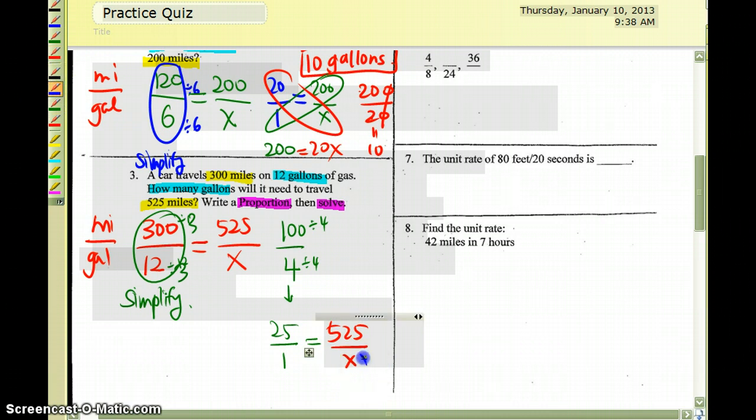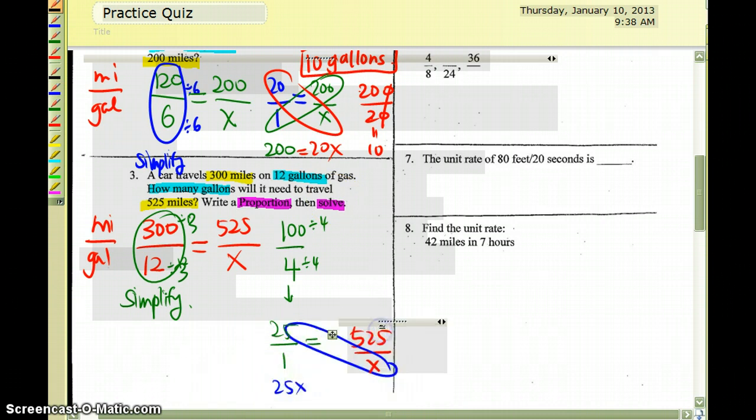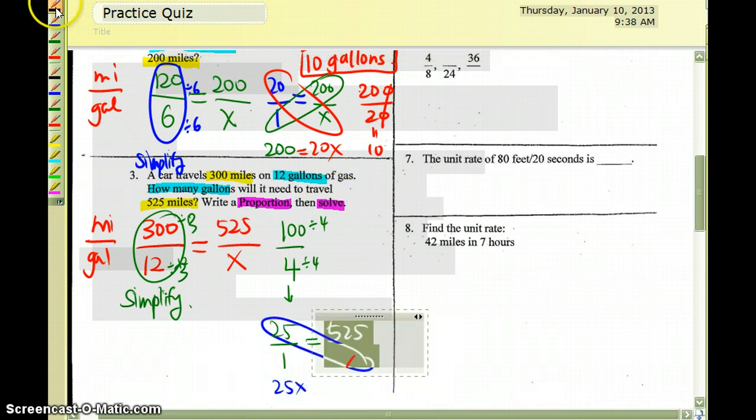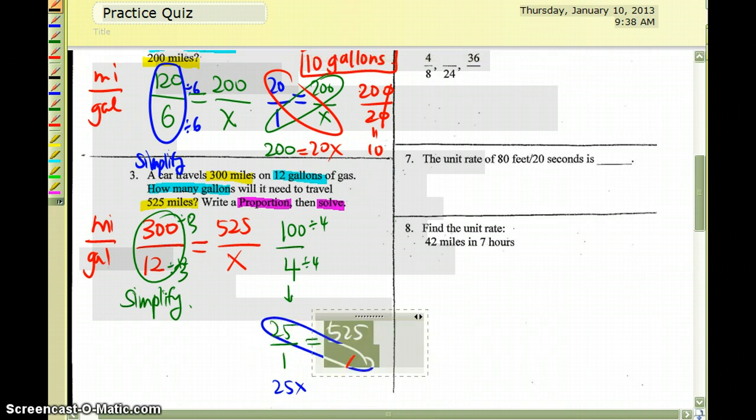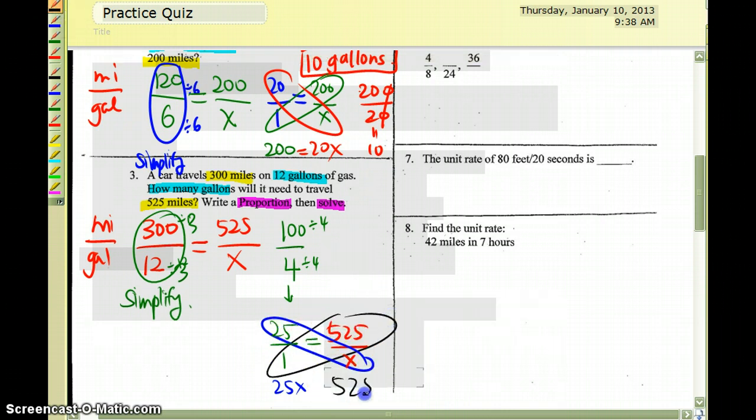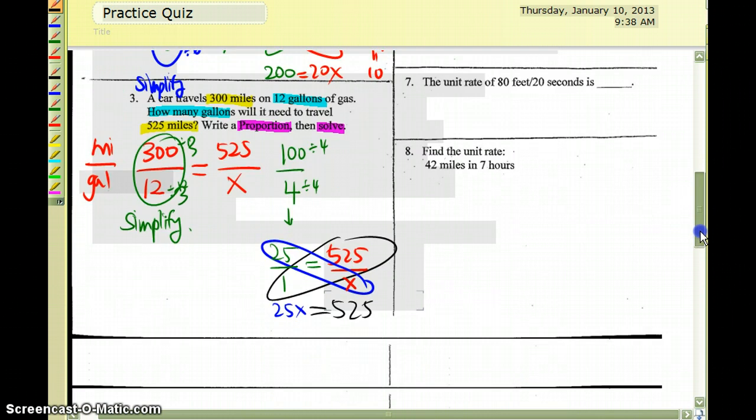So here I'm going to cross multiply. I get 25x here. Cross the other side. I'm going to get 525 times 1. Whoa, a little trouble here with my pen. Not responding. 525. Set that equal to each other.